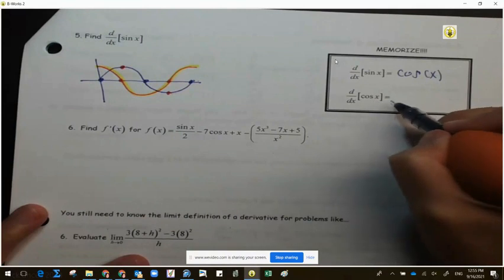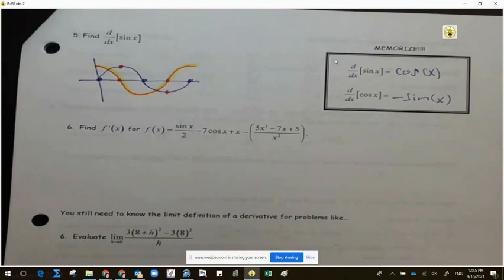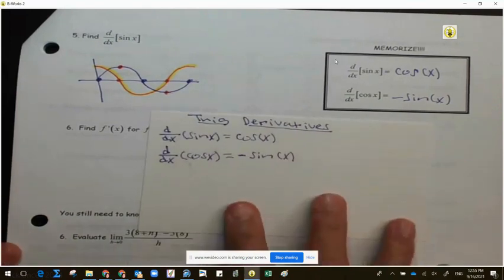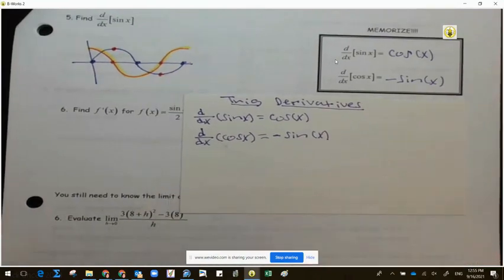So then cosine, the derivative of cosine is negative sine of x. So if you're using a flashcard, because if not, use a corner of your paper on the back. Let's go ahead and add trig derivatives that we will eventually need to memorize.